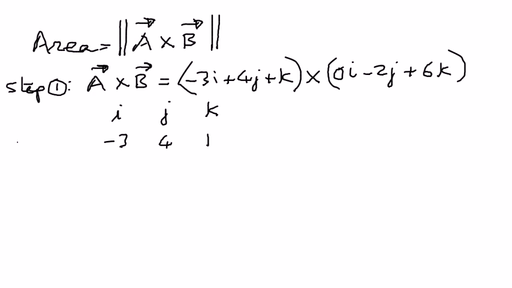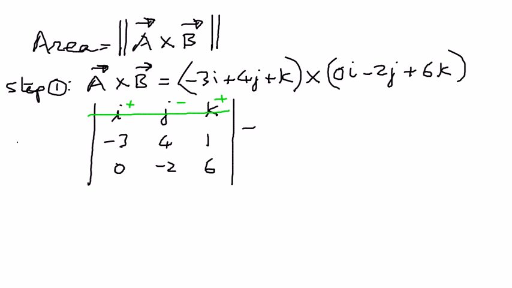For vector B, the coefficient of i is 0, coefficient of j is negative 2, and the coefficient of k is 6. If we take the determinant of this, we should be able to find the value of A cross B. So we will travel along the first row, and the sign convention we're going to follow is positive, negative, positive. So that is how we want to arrange that.